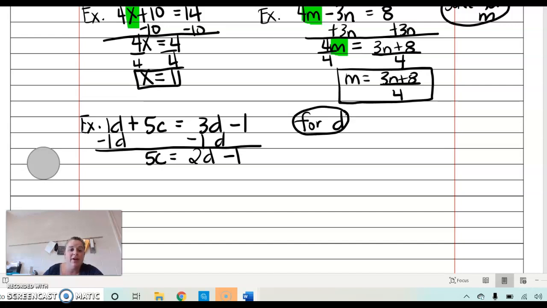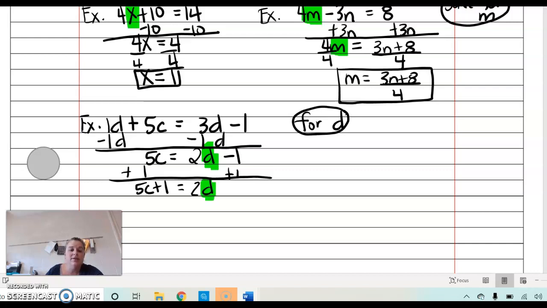Now at this point, you find your variable right here and ask yourself what's happening to it. Looks like we've subtracted 1, multiplied by 2. Let's get rid of that subtracting 1 by adding 1. So I have a 5c plus 1. I can't combine them because they're not the same. Equals 2d.